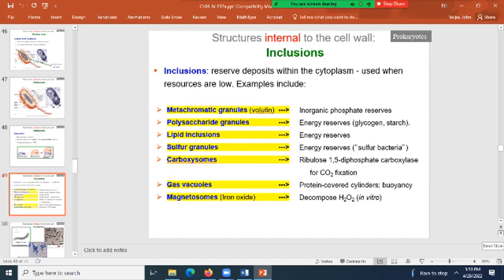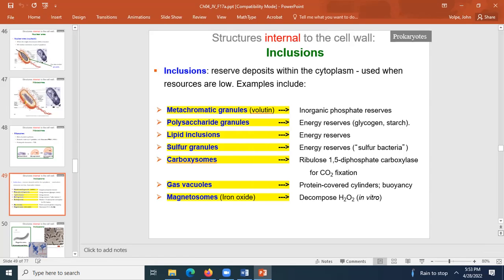All right, inclusions are reserve deposits in the cytoplasm, and so much of that material has accumulated that it actually precipitates out of the cytoplasm, meaning it's no longer soluble in the cytoplasm. You precipitate it out of solution.